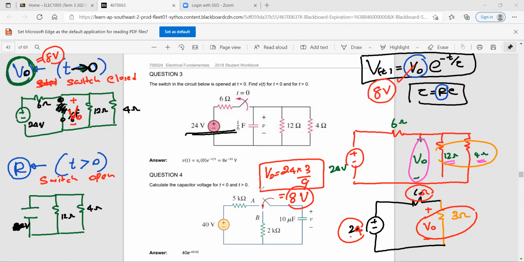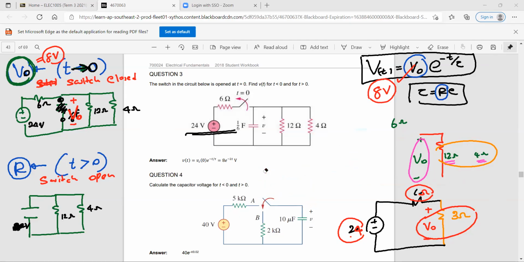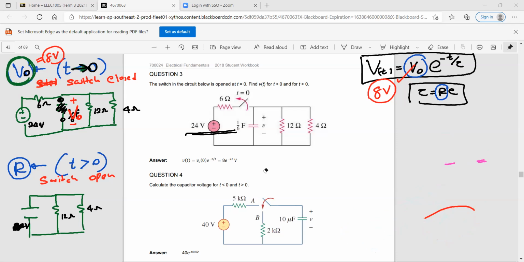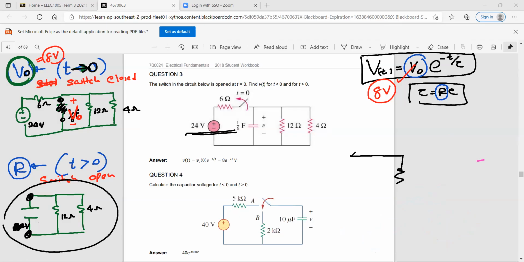Okay, now let's see how to find the R. To find the R, as I told you, we always use the circuit when the time is more than 0. We already drew the circuit, so this is our circuit. This is what we are going to look at. The resistance is the Thevenin resistance across the capacitor, so across the capacitor, the open circuit voltage.